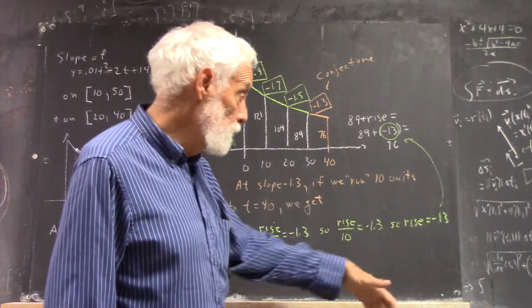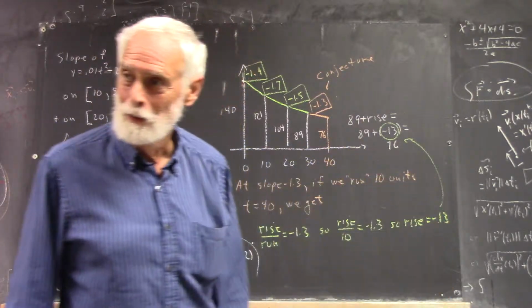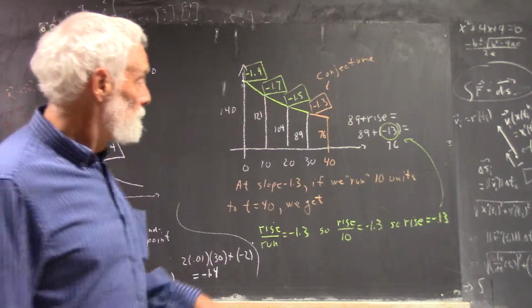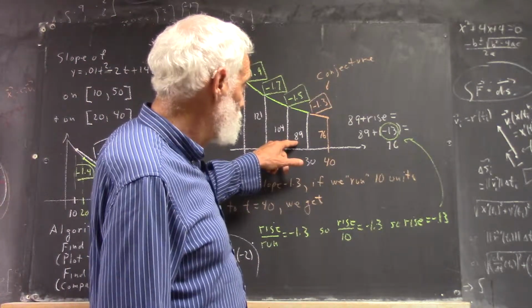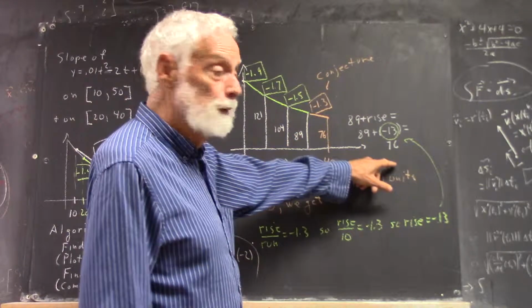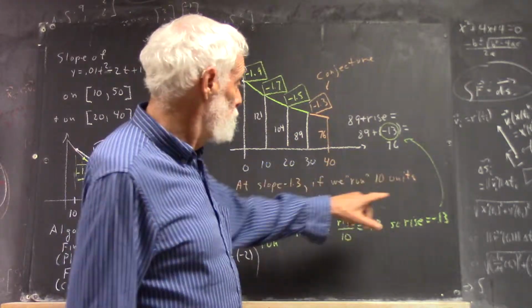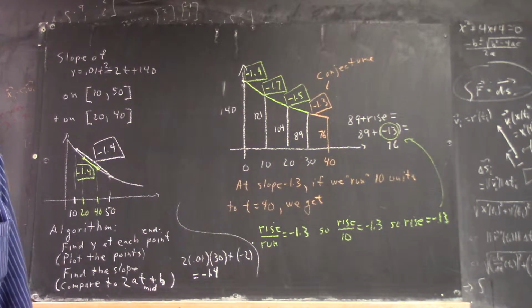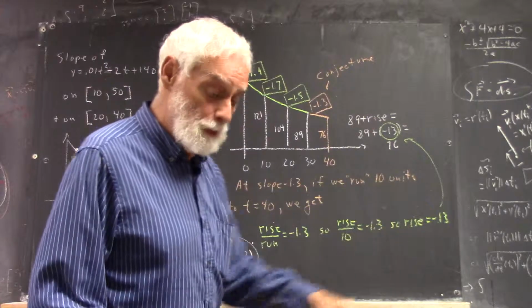And you solve that for the rise, very complicated, you get -13, right? Not complicated at all, okay? Which means then that this value should go down 13 to give you 76. Now if you plug 40 into this function, that's exactly what you get. Okay? Because this pattern is valid.